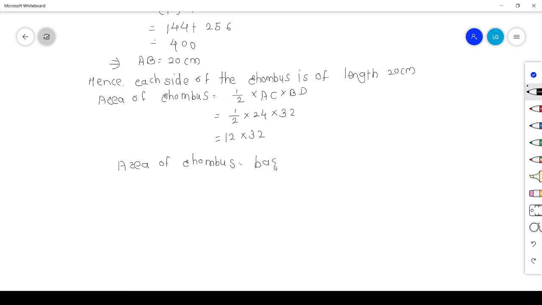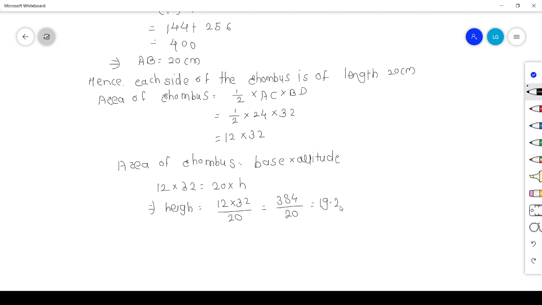Now, area of rhombus is base into altitude. Here we can compare to find the altitude. So 12 into 32 equals 20 into height. So, height equals 12 into 32 divided by 20, which is 384 by 20.